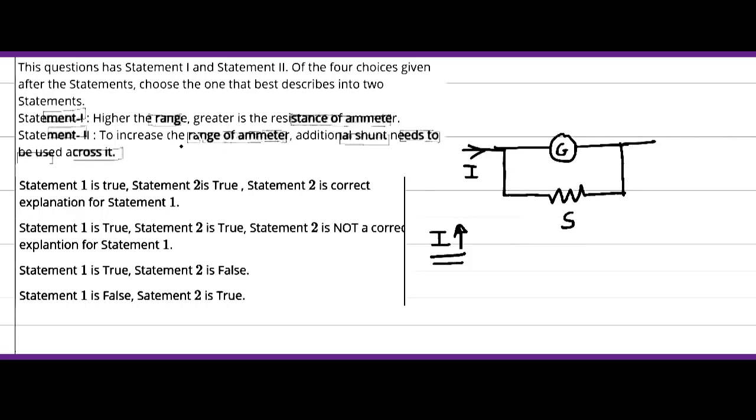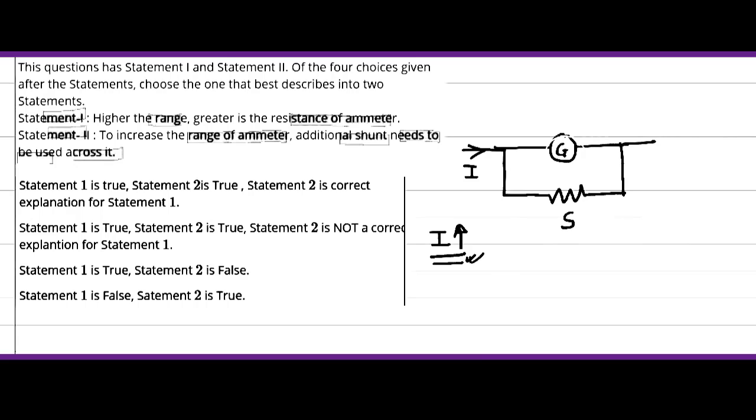First of all, statement 1 says higher the range, greater is the resistance of the ammeter. Higher the range means the magnitude of current across the ammeter is increased.